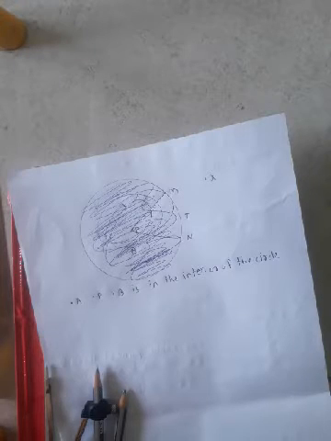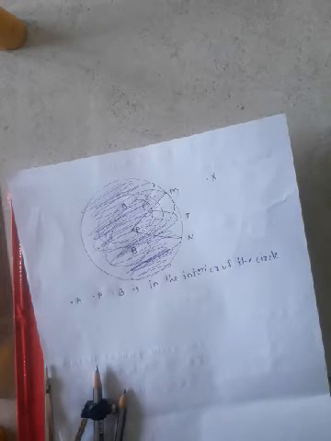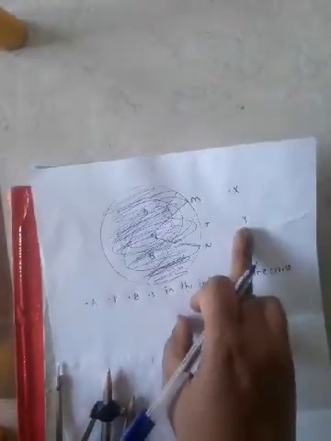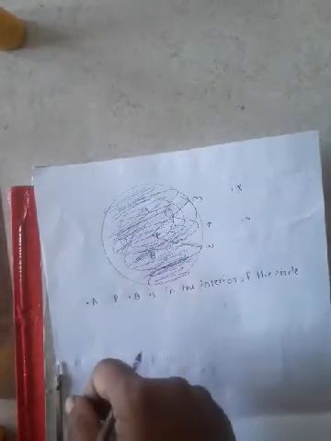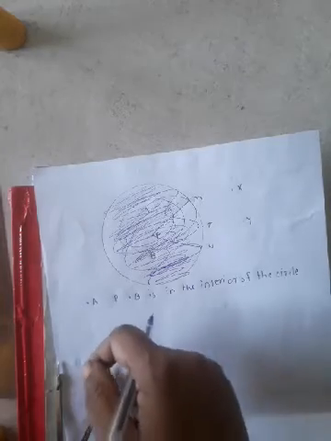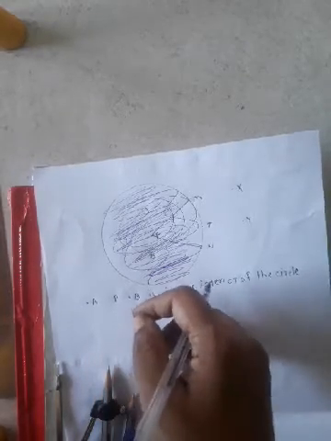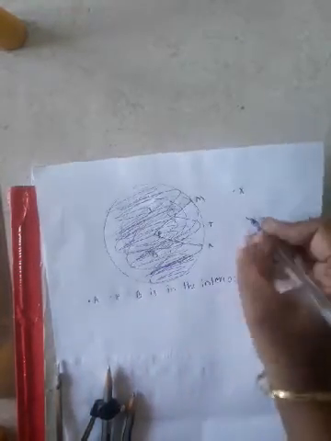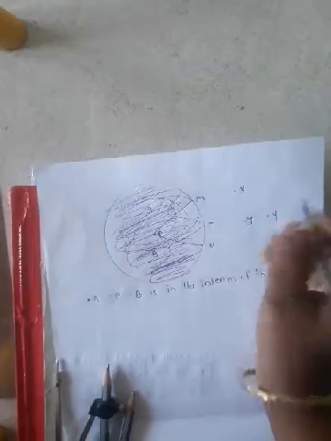X and Y are in the exterior of the circle. Okay, X and Y are exterior of the circle.